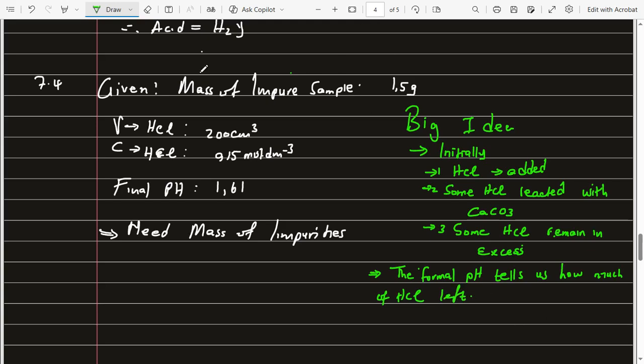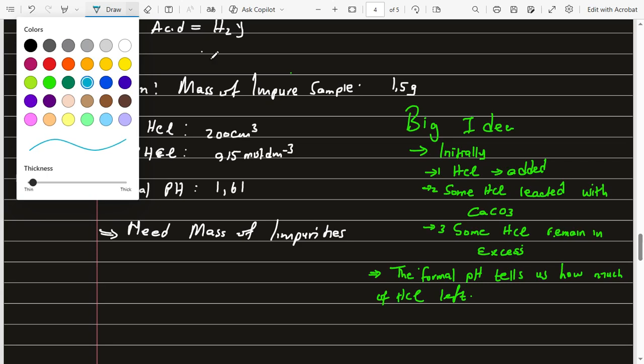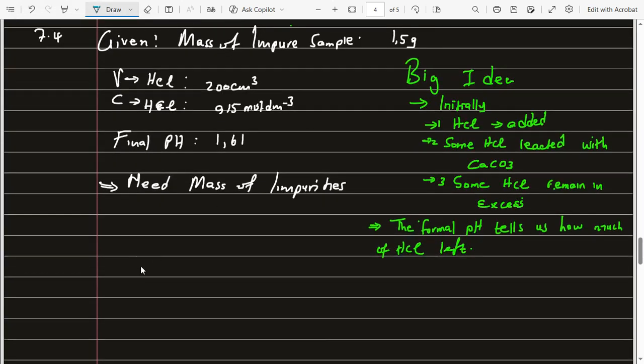You see, with this information, the information that I just gave you under the big idea, we can find the HCl reacted, and then we can find the calcium carbonate reacted, and we can also find the pure CaCO3 mass, and we can also use that to find the impurity mass. So I'm going to take you guys step by step on how to answer this, the impurity mass.